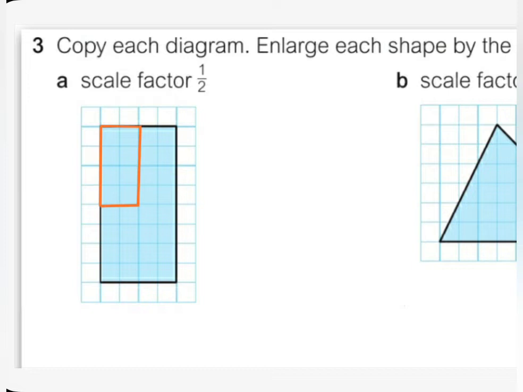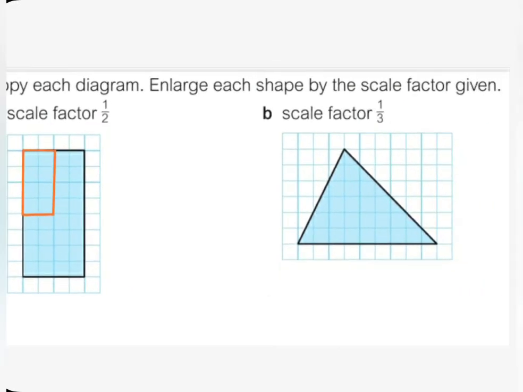And we got the new shape, which is a rectangle smaller than the rectangle we had. So the scale factor is half. Basically, it's not half of the shape, but the lengths are half. That's the idea. Now, this is how you answer question A.